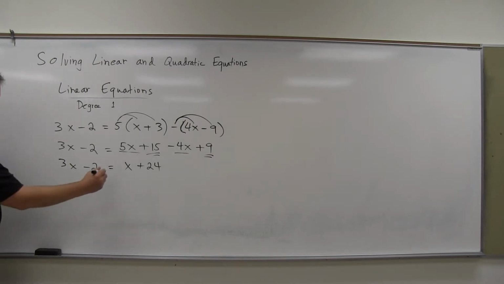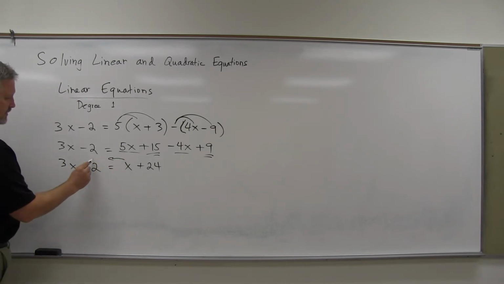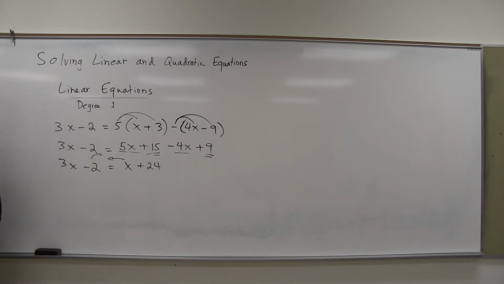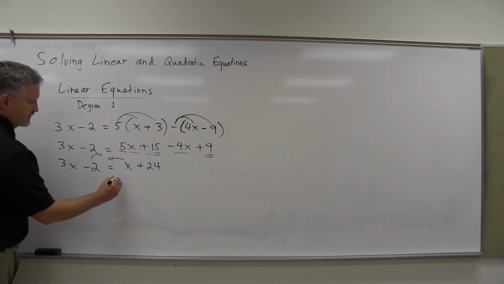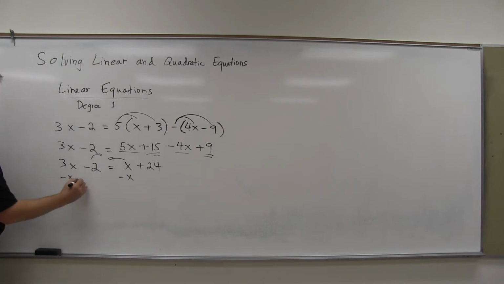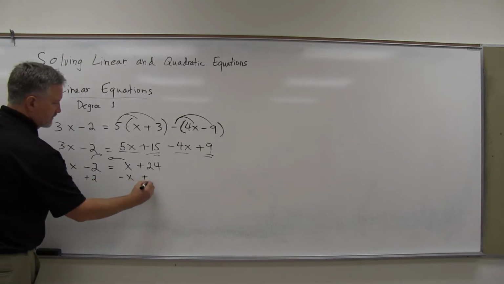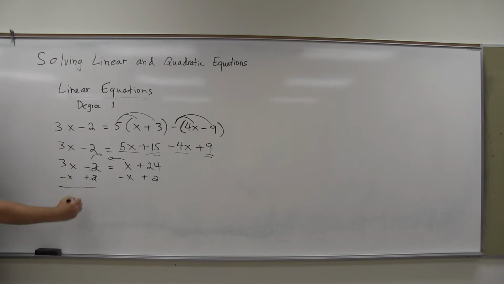So we need to get the x terms on one side and the constants, the non-x terms, to the other side. I'm going to move this x over to the left side, and take the minus 2 over to the other side. The way I do it is do the opposite: subtract x and add 2 to get rid of the 2, which makes it 0.